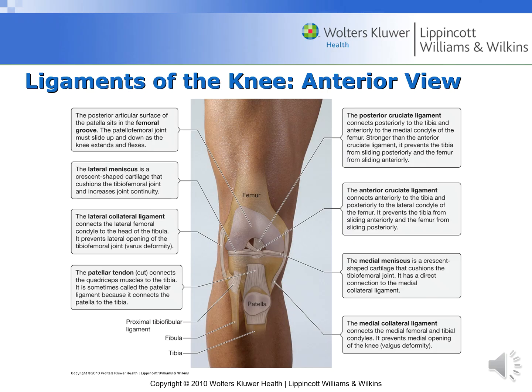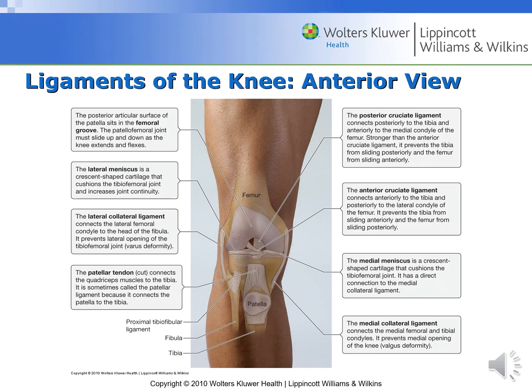The lateral meniscus is a crescent-shaped cartilage that cushions the tibiofemoral joint and increases joint congruity. The lateral collateral ligament connects the lateral femoral condyle to the head of the fibula. It prevents lateral opening of the tibiofemoral joint, the varus deformity.